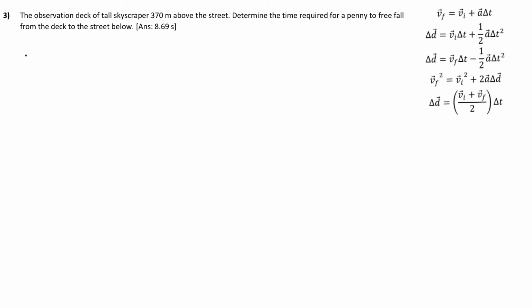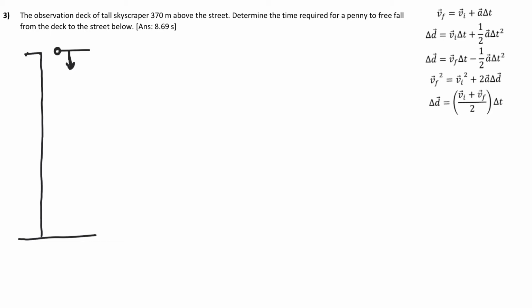We got a situation. Let's say we got a tall building, and we got a penny. I'm gonna draw the penny as a little ball, and this is going to fall. I believe it's being dropped, determined to free fall.